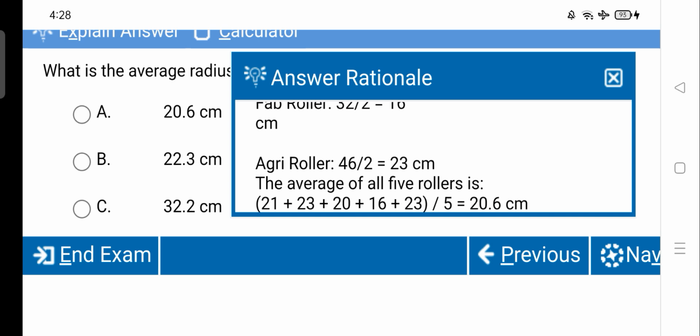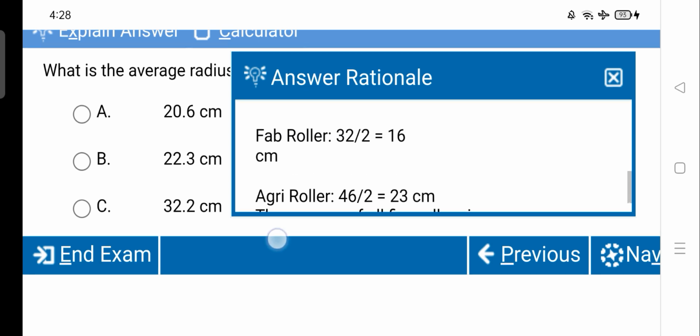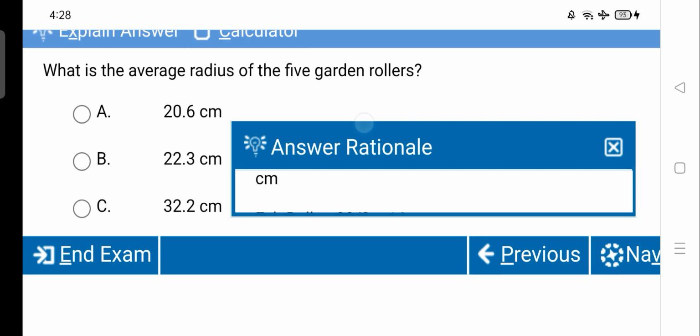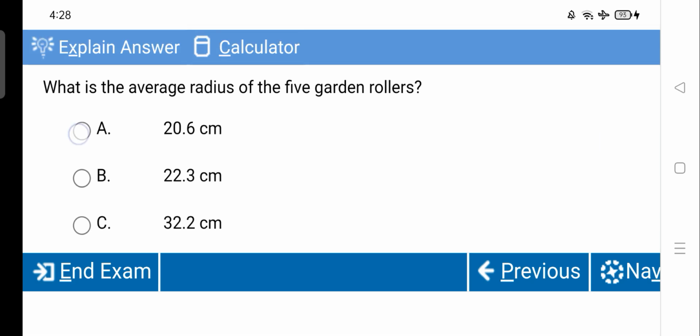So that's why we say that 20.6 centimeters is the correct option, which is option A.